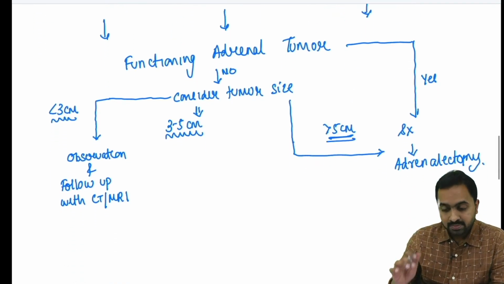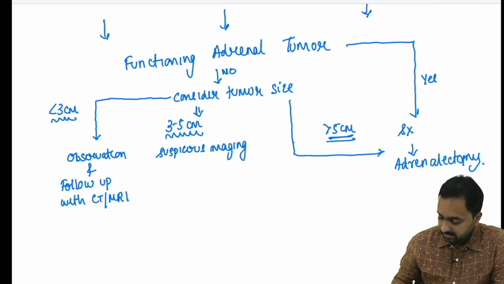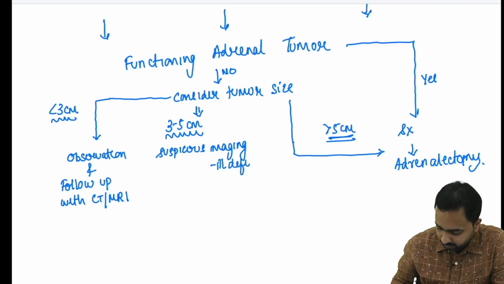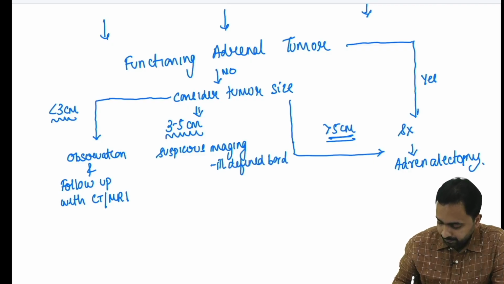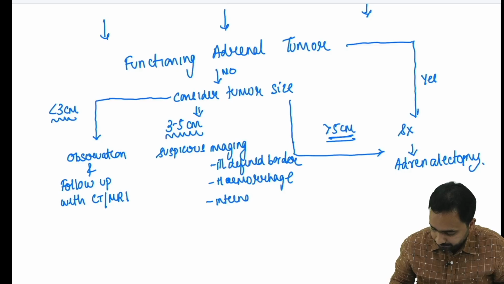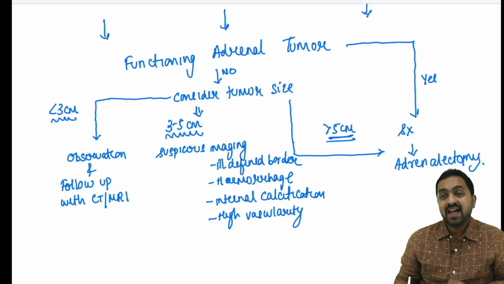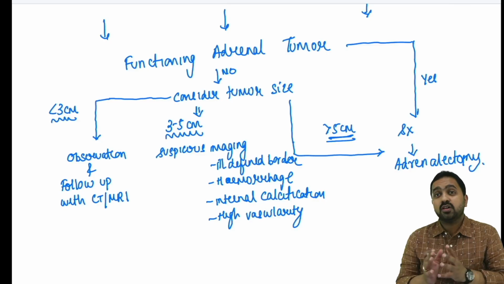In case of tumor size which is in the borderline range, that is 3 to 5 centimeter, what we do is we check for suspicious imaging. We see if it has an ill-defined border, there is presence of any hemorrhage, there is any internal calcification, presence of high vascularity, and in case of CT scan, they might be giving you the Hounsfield unit.